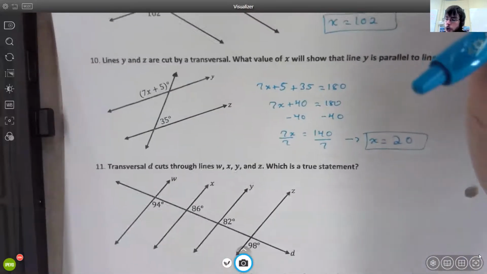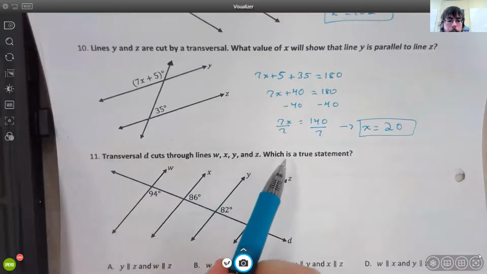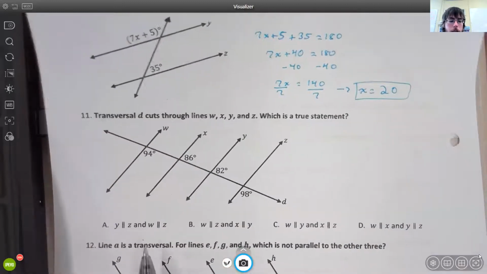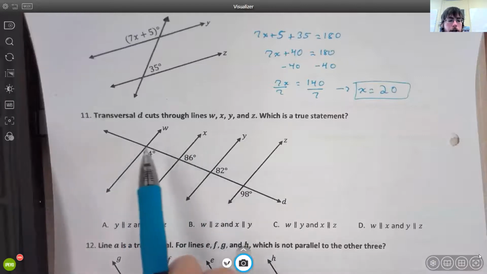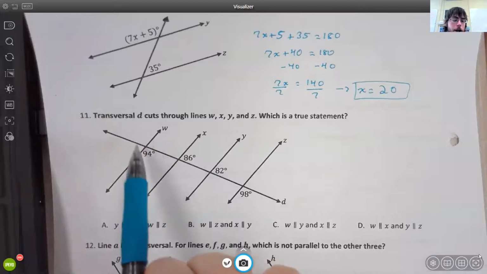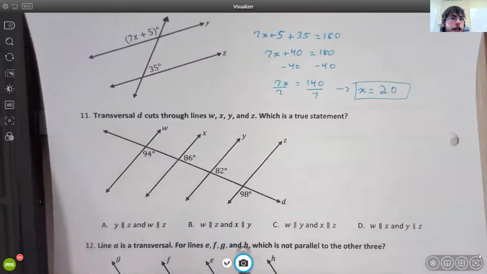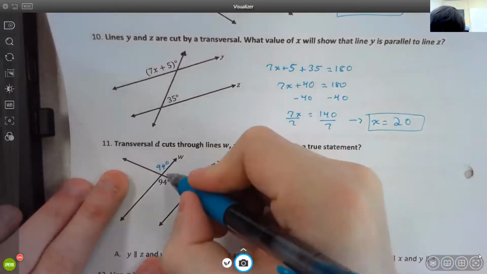Number 11, transversal D cuts through lines W, X, Y, and Z. Which of the following statements is true? Well, here we have 4 different intersections. The easiest way to go about this is to determine all the angles in the intersections and see which match up exactly. So 94, we've got vertical here, and this will be a linear pair, 86.